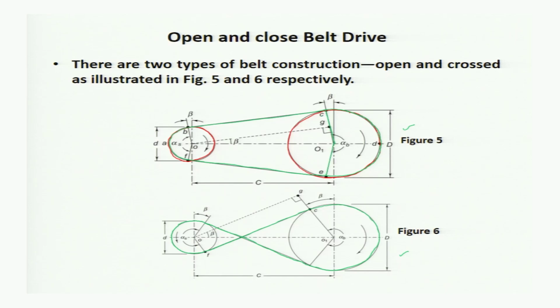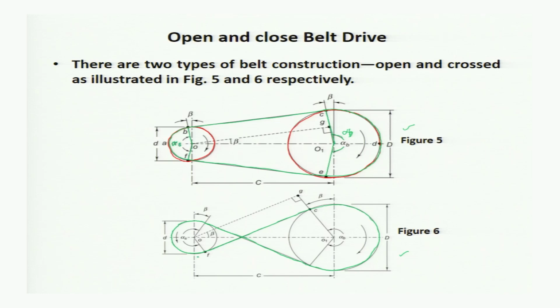So the angle formed by that on the center is this angle of wrap by the bigger pulley, alpha B. Similarly, the angle of wrap on the smaller pulley is given by this alpha s.